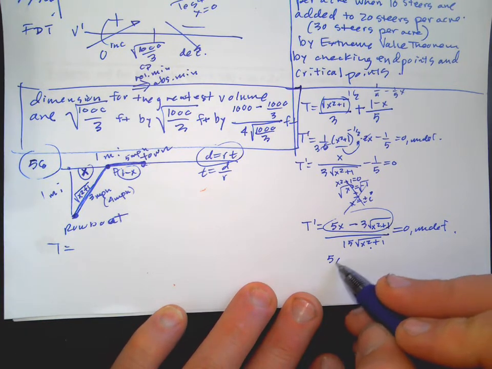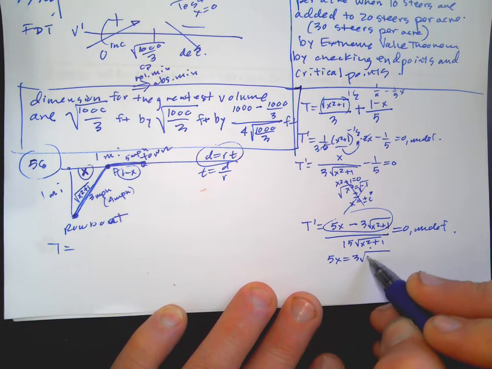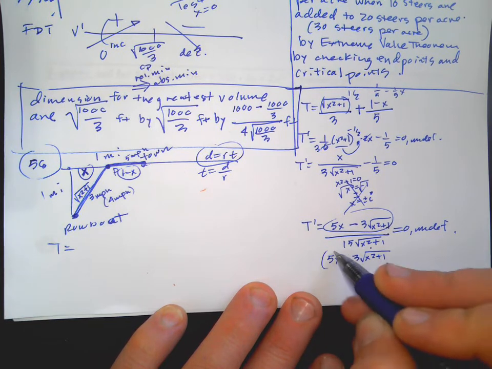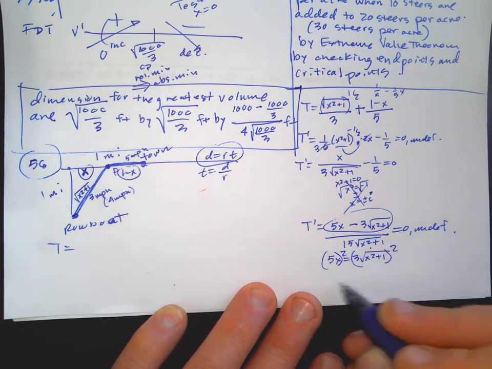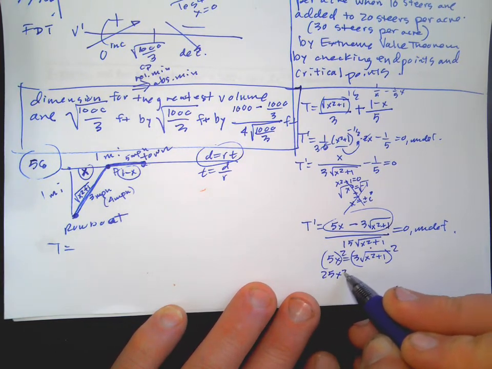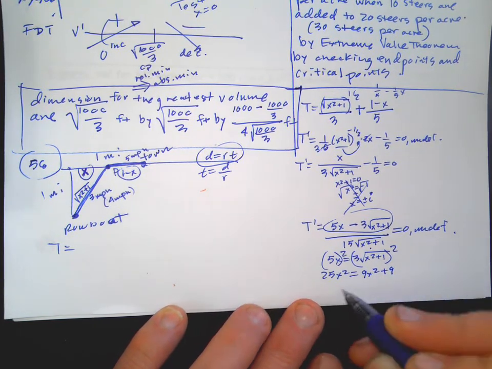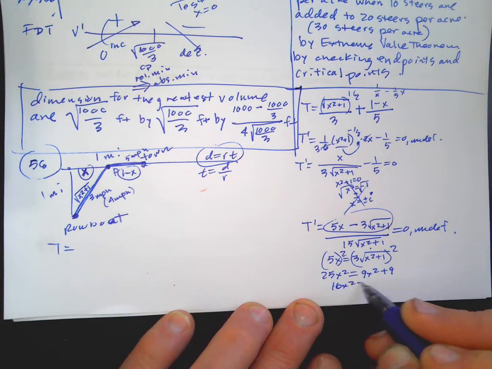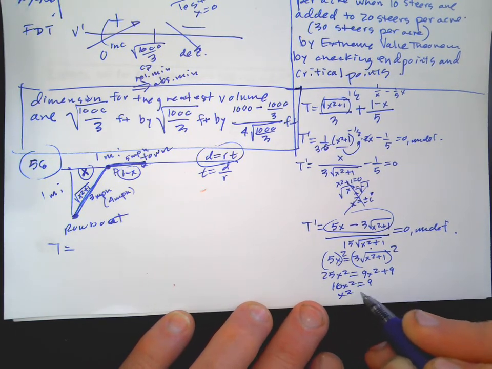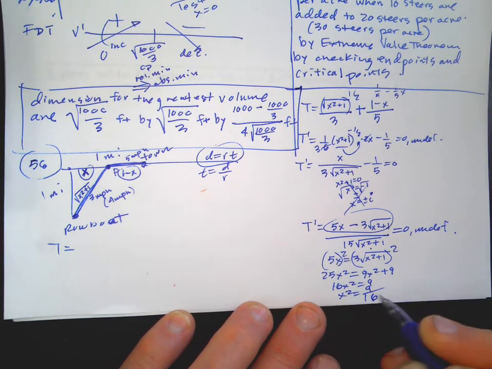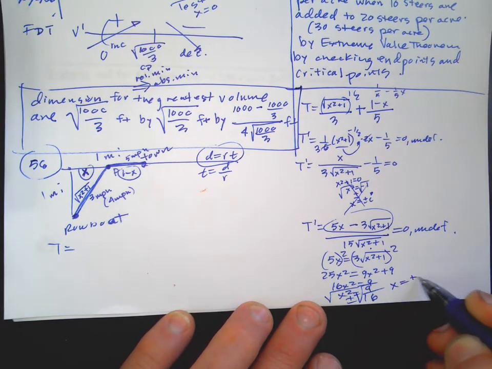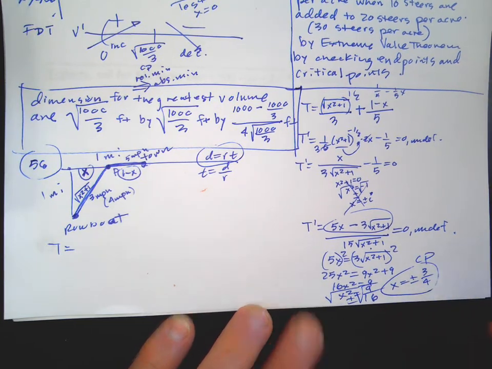So it's going to be 5x equals 3 square root of x squared plus 1. We'd square both sides to get rid of the square root. That's going to be 25x squared equals 9x squared plus 9. So that's 16x squared equals 9, so x squared equals 9/16. Take the square root of both sides, plus or minus 3/4 are your critical points.